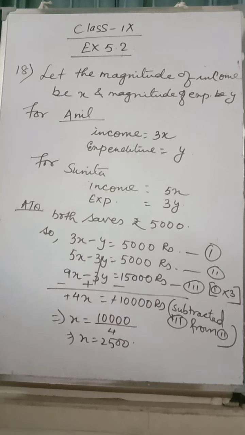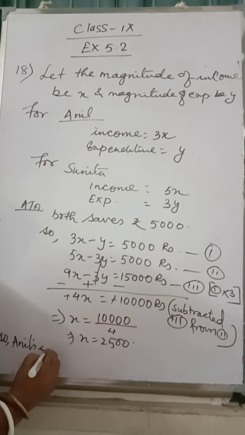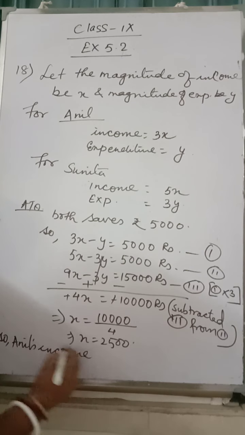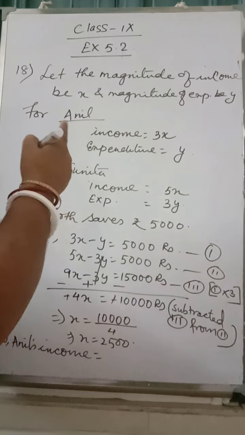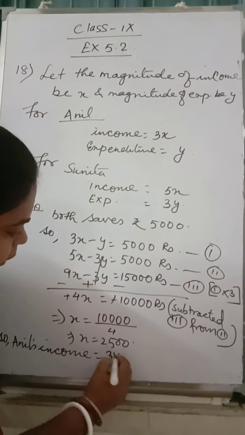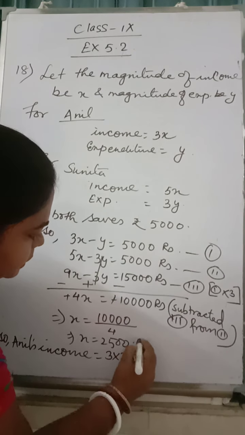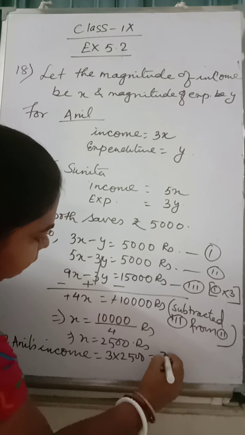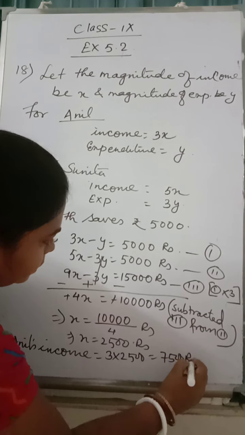So the incomes we have to find. Anil's income was 3x, 3 into 2,500 rupees, 7,500 rupees.